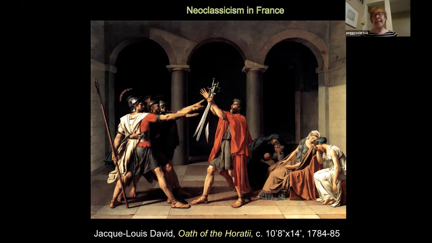Now, what the king saw, and why he or his people commissioned it, is that it's about duty and loyalty. That's what they thought. Let's try and convince people to be loyal. But the revolutionaries after the revolution are going to take another aspect from the story. After this battle was fought, it led to the founding of the Roman Republic.